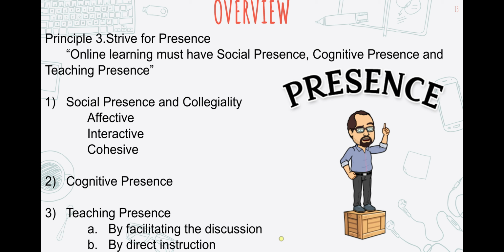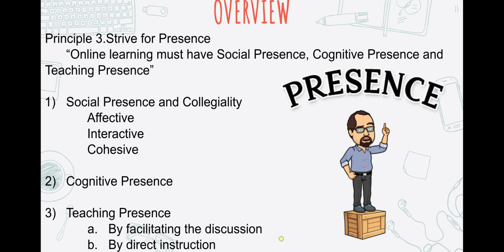For social presence to be effective, of course, you need proper organization of your class to make that happen. It should be interactive, promoting the actual interaction to occur, and cohesive, always making it related to the content, of course.